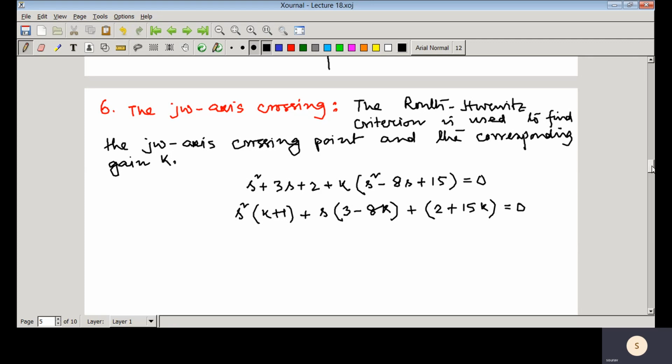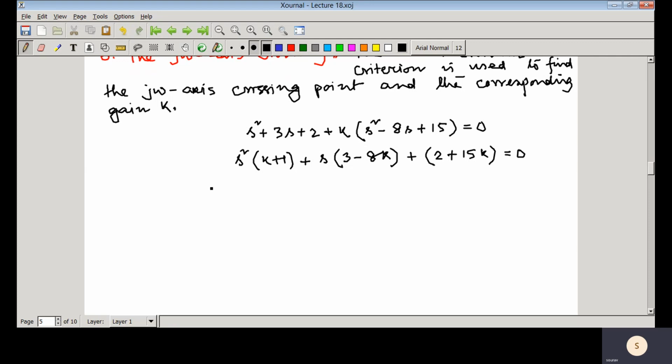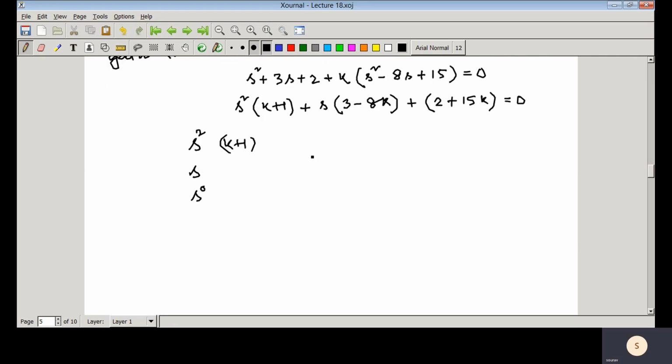This is the characteristic equation, and then we form the Routh table with rows s square, s1 and s0. The s square row is 1 plus K and 2 plus 15K, then 3 minus 8K, and then 2 plus 15K.